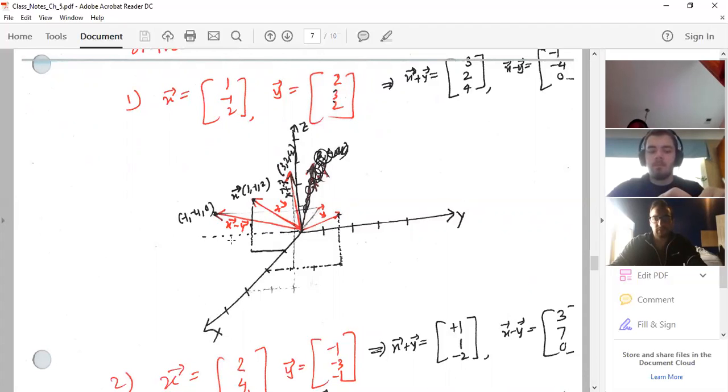So -z, -y, and you can put your points over here, 1, 2, 3, 4, and 5, and -1, -2, -3, -4, and -5 on each axis.